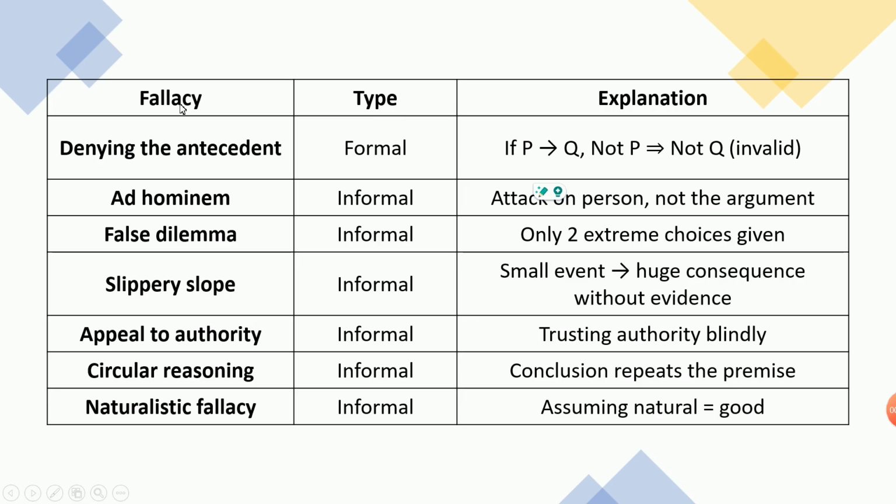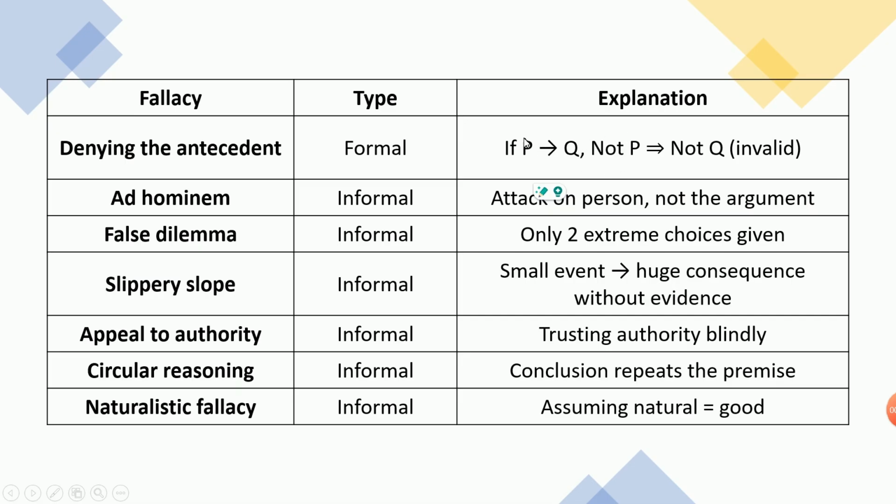So here these are the common fallacies we are asked about in the UGC-NET. So what is the fallacy, what type it is, and what is the explanation? See here, denying the antecedent, which we have seen with modus ponens and modus tollens. So here, if P then Q, not P, therefore not Q. If something is there, then that denotes another thing.